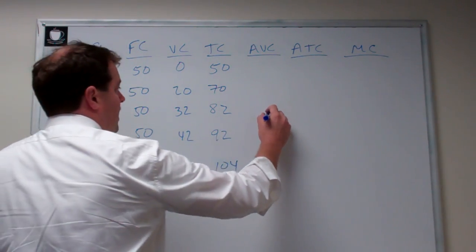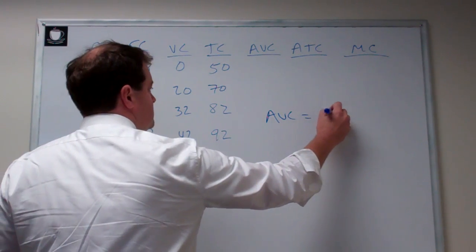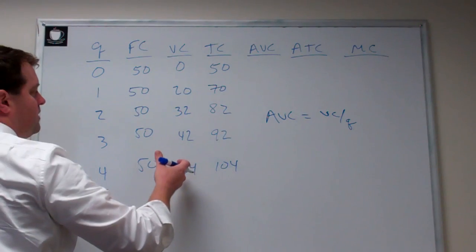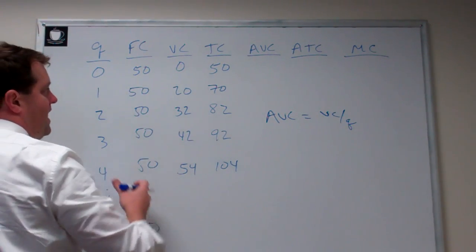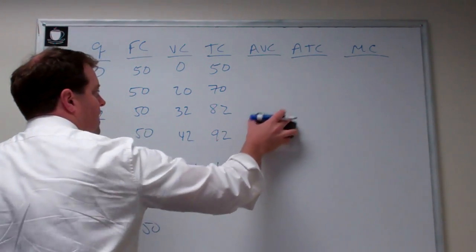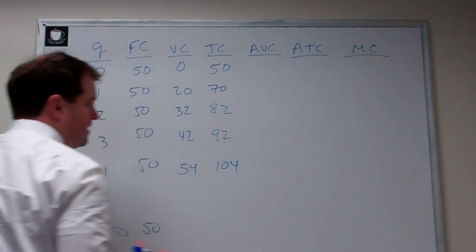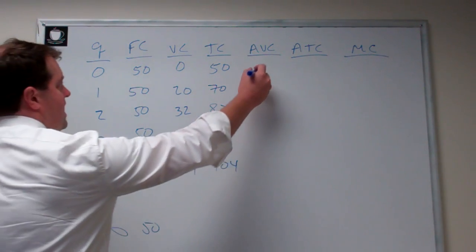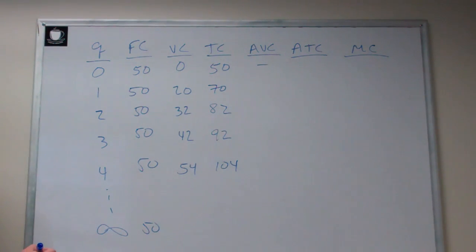Now, average variable cost is just variable cost over output. So I'm going to take the variable cost amounts and divide them by output. This is just kind of thinking about the costs associated with production for each good smoothed over the output levels. So I can't calculate average variable cost when the firm doesn't produce anything.